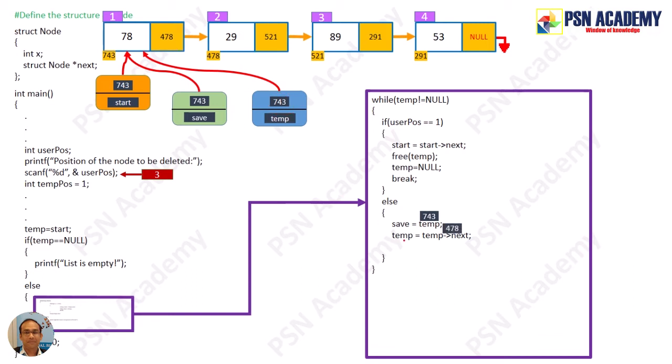So 743 is updated with 478 and temp starts pointing to the node at 478. So you see the situation that temp is pointing to 478 and save is pointing to 743, just one node behind the temp pointer, right?